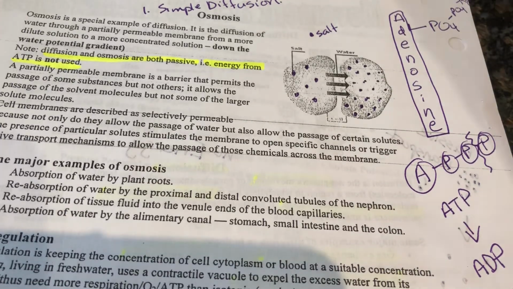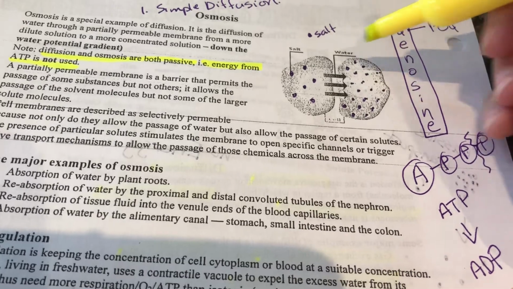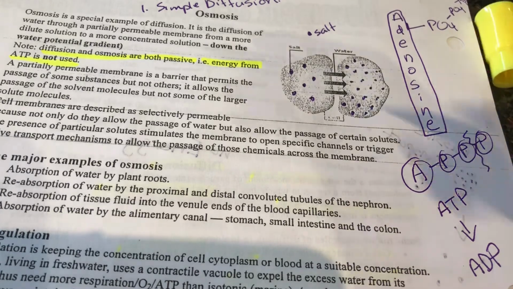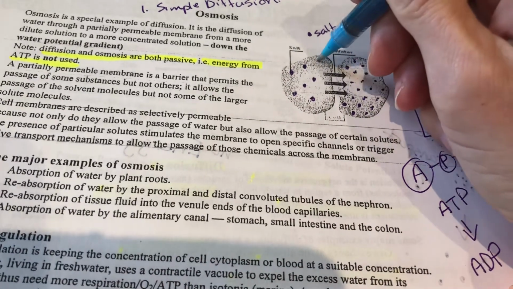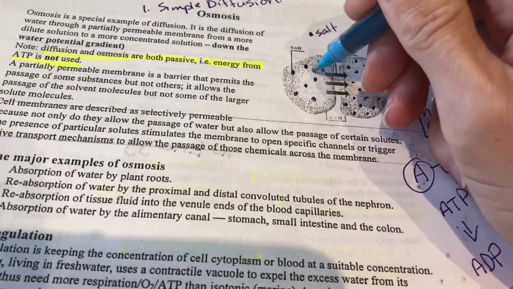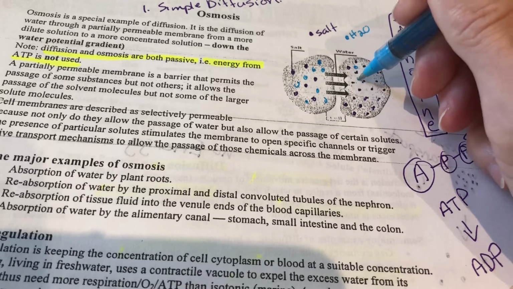Osmosis will do this. We don't move the salt as much, and we don't have a way of actively transporting water. So what happens is osmosis takes water, and we can put water in blue, H2O, and we can say we've got some water in here, right?